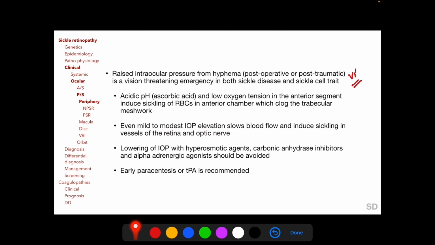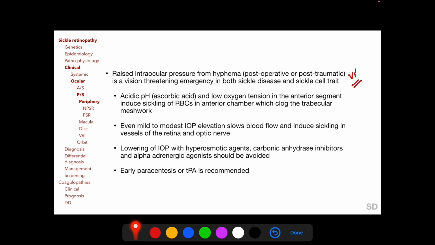Also, IOP lowering with hyperosmotic agents, carbonic anhydrase inhibitors, and alpha-adrenergic agonists should be avoided in patients with sickle cell disease because hyperosmotic agents cause hemoconcentration, carbonic anhydrase inhibitors cause acidosis, and alpha-adrenergic agonists cause vasoconstriction, all of which may promote sickling.